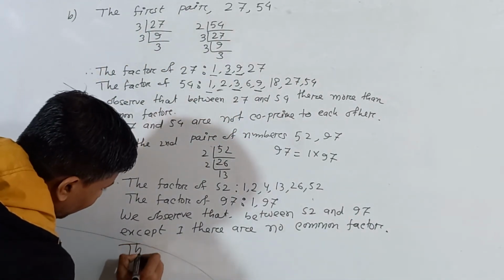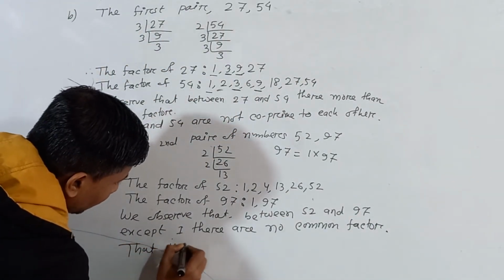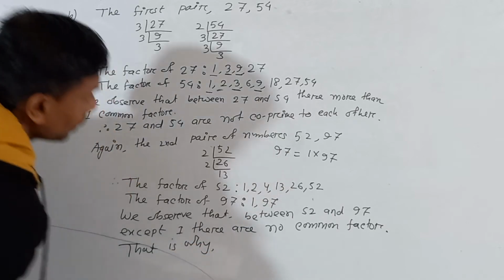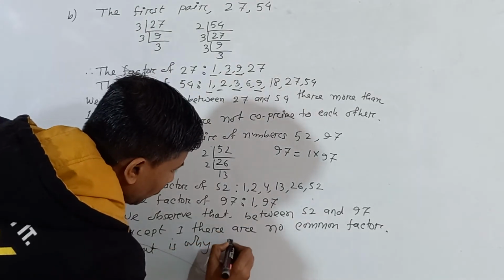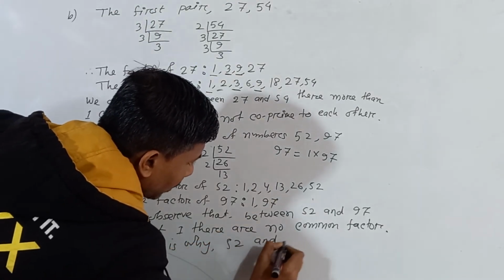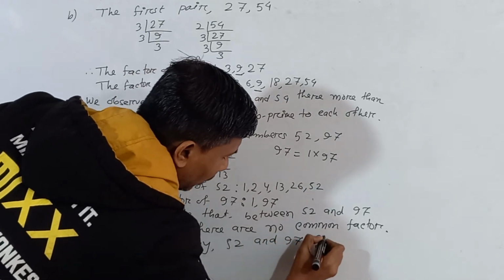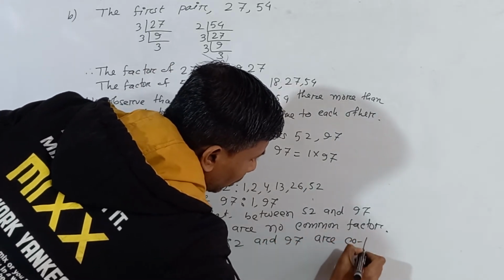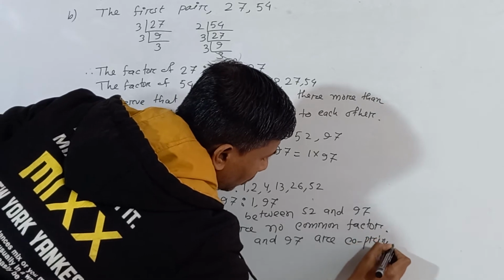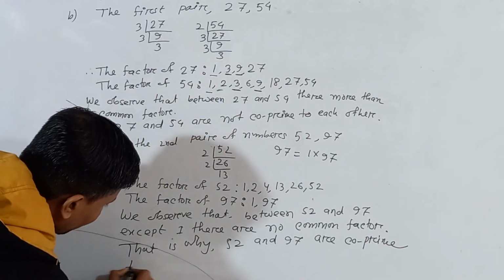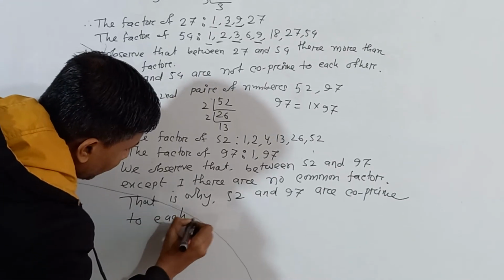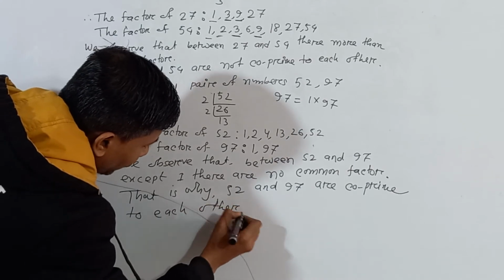That is why 52 and 97 are co-prime to each other.